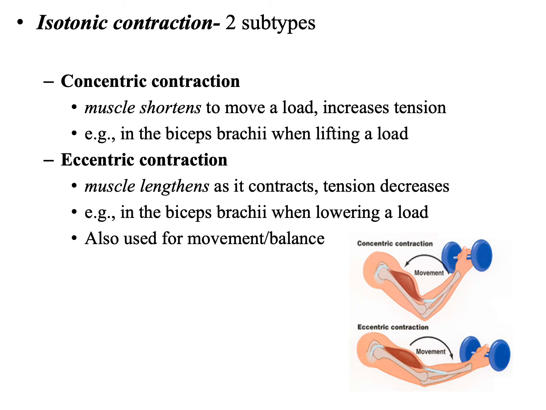Okay, so isotonic contractions are when we actually are moving a load. So when you shorten a muscle, that is a type of isotonic contraction called concentric. When you are lengthening a muscle, that is a type of isotonic contraction called eccentric. So these pictures right here, you pick up that barbell, this contraction right here, shortening of the muscle.